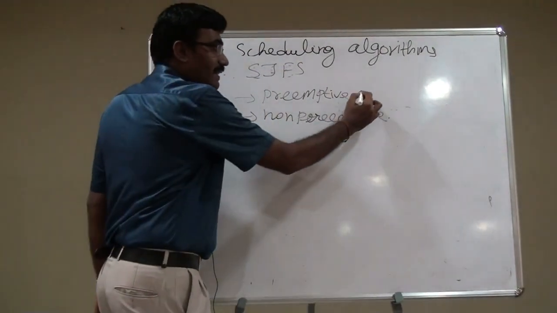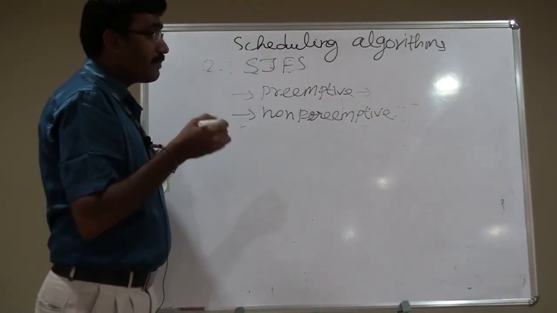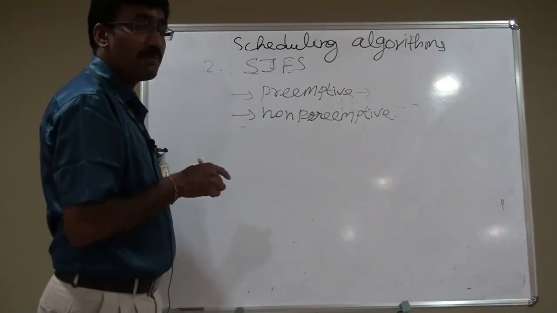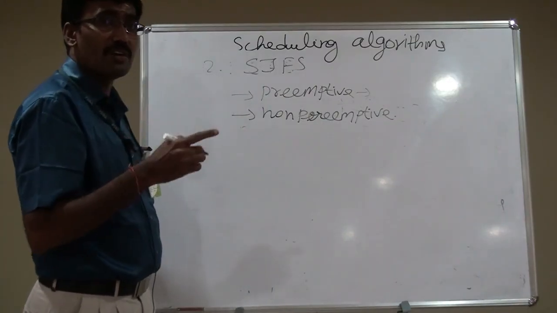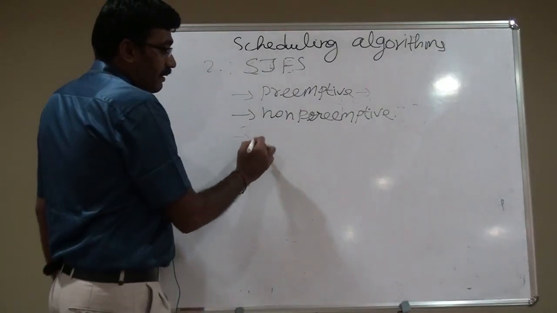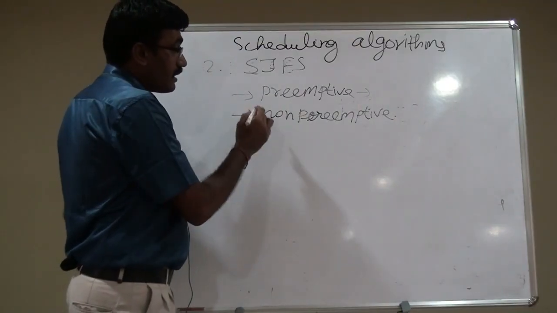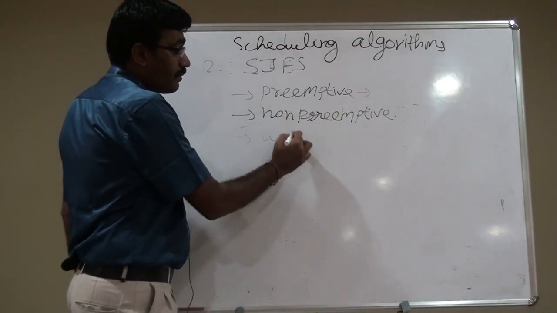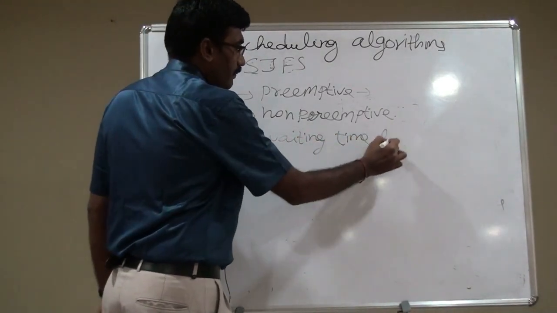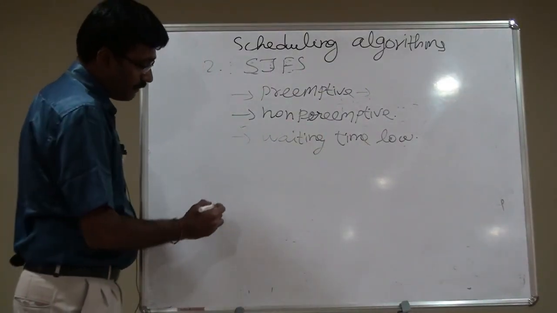Preemptive means that the process with the highest priority entering the queue preempts the running process. But in non-preemptive, the running process is allowed to continue running for its entire burst time. Compared to first come first serve, the waiting time of shortest job first is low. Now we see one example.